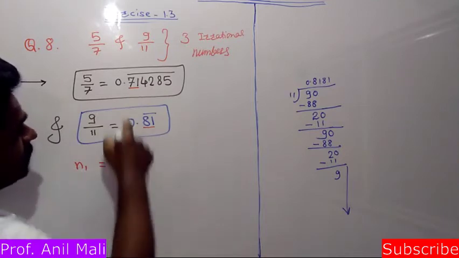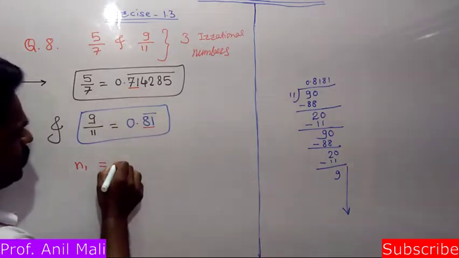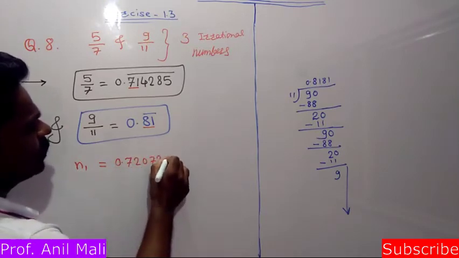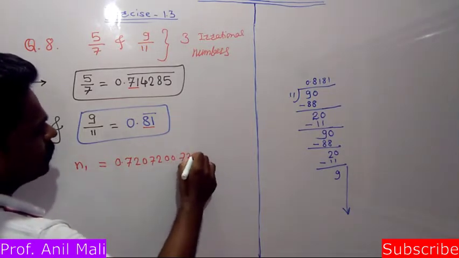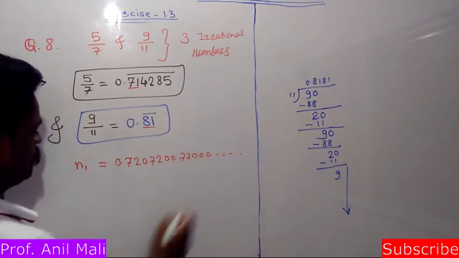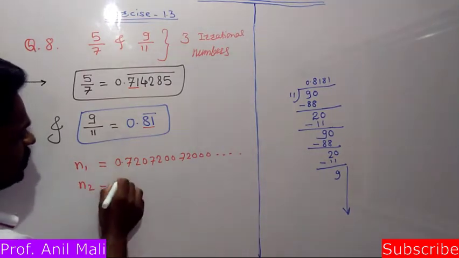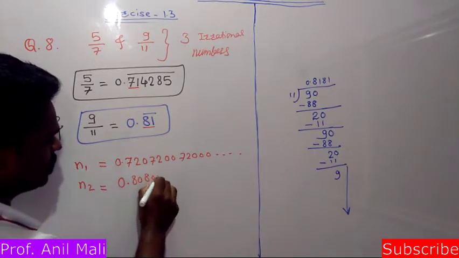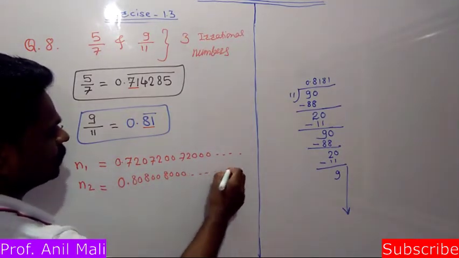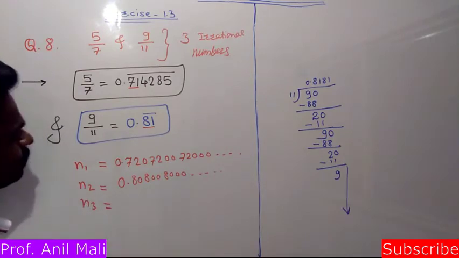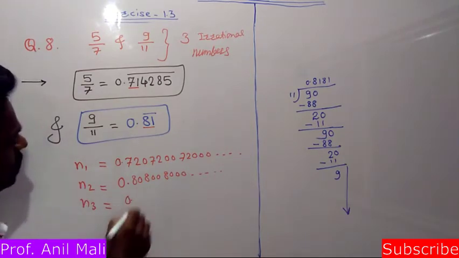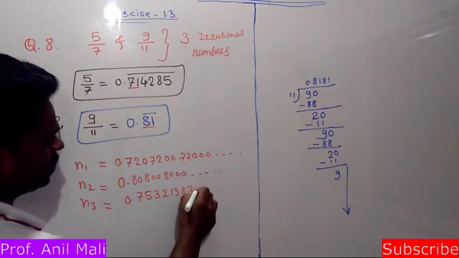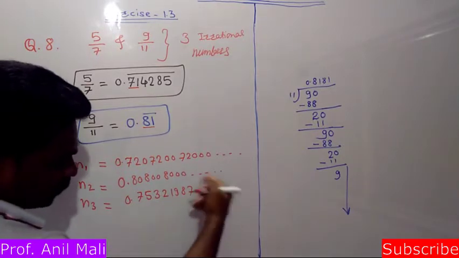I can write here, suppose, 0.7200 and so on. The second number you can write in this manner, 0 point, suppose I write here 80, 800, 8000 and so on. The third number you can write as 0.7532198777, but we are not going to repeat it.